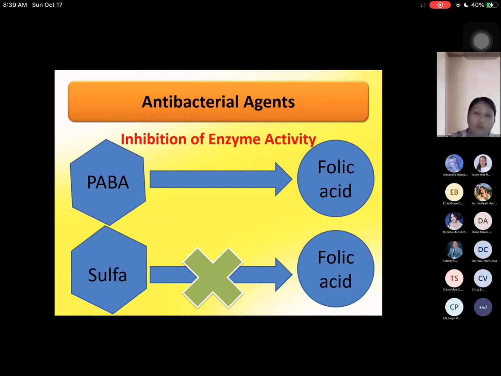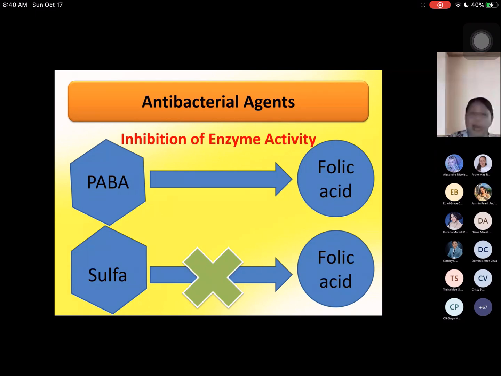The folic acid, we get it from the food that we eat, from the nutrients that we get from the food. Okay, so that's why it only destroys the bacteria, not the human cells or the human tissue. So that's how the sulfonamides, or the sulfa drugs, work.